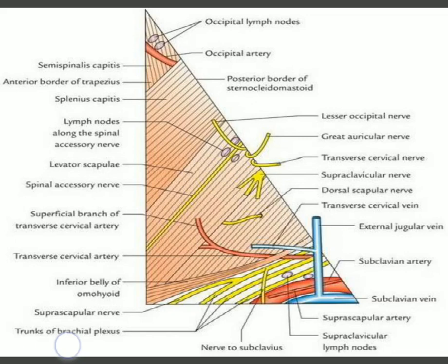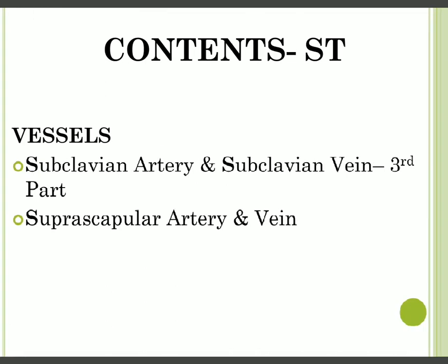That is the commencement, the beginning of the transverse cervical artery, present in the subclavian triangle, and also the termination of the vein. So this is the transverse cervical vein, which also lies in the occipital triangle, but it ends into the subclavian triangle. It ends into the external jugular vein, and the lower part of the external jugular vein also lies in the subclavian triangle.